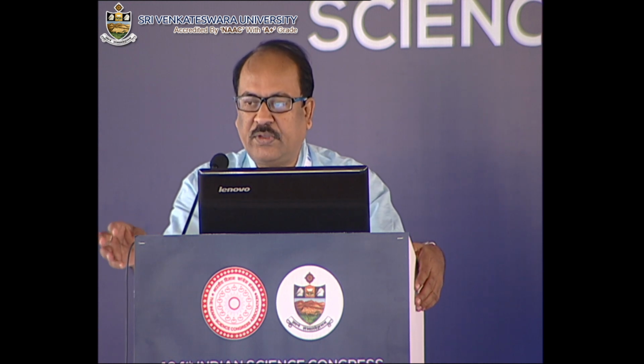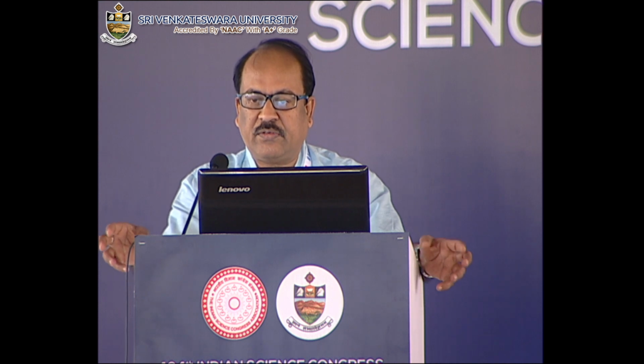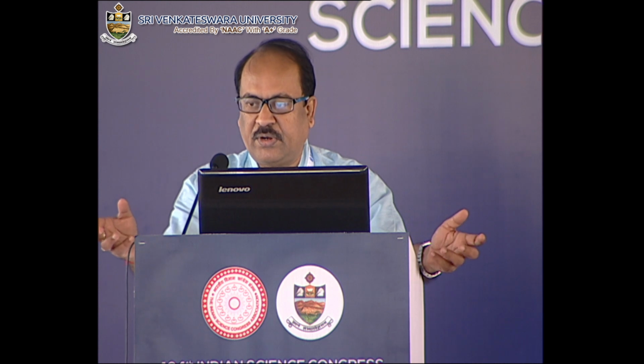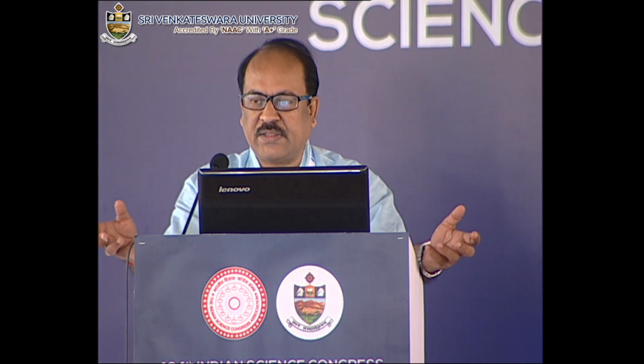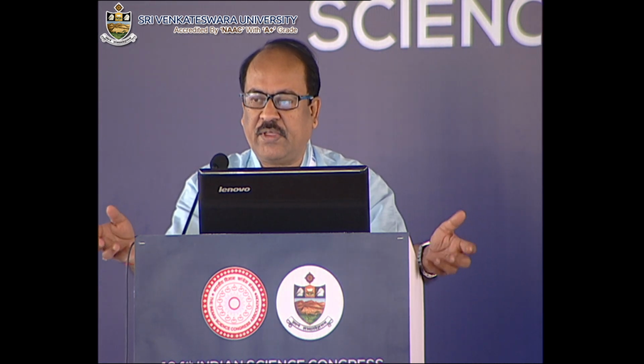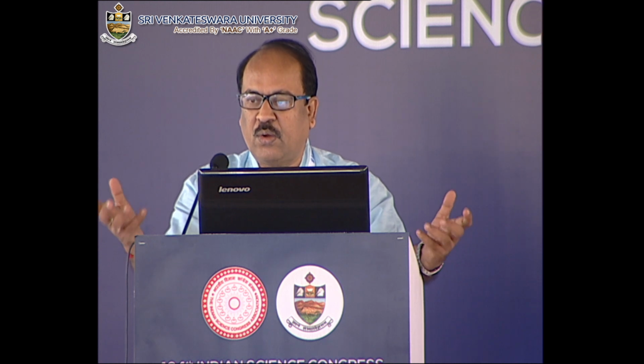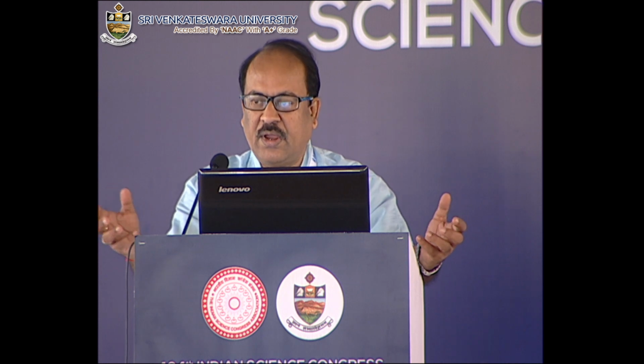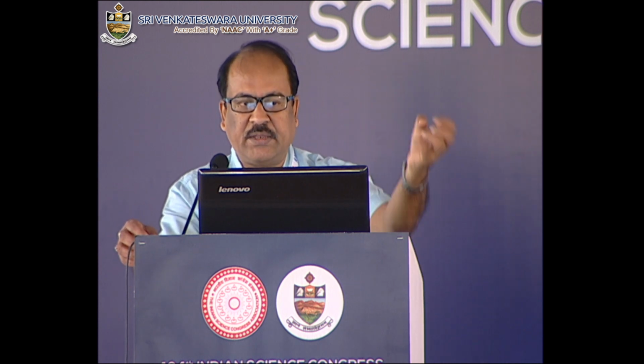The amount of oxygen 18 present naturally in different things changes with processes. For example, when there is evaporation from the ocean, H2 18O, being slightly heavier, doesn't evaporate at the same rate as H2 16O. So the clouds, when they form from the sea, will have more of the lighter isotope H2 16O compared to the heavier isotope. And then the clouds come over land and then they precipitate.